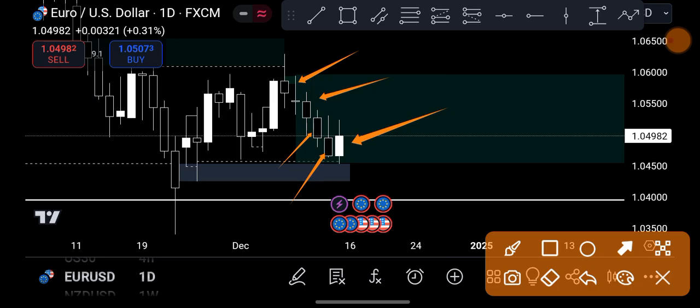So we have Monday's candle, Tuesday's candle, Wednesday's candle, Thursday's candle, and then Friday's candle. Do you guys understand it? This is what we mean by a time frame. This is what the time frames represent.